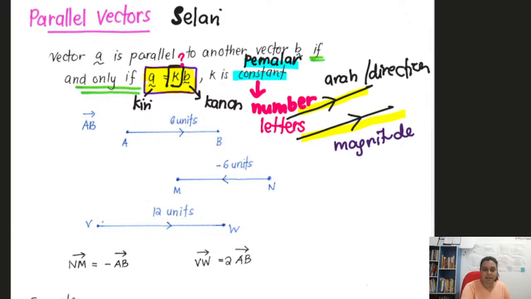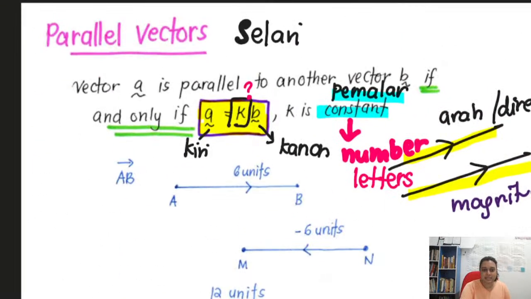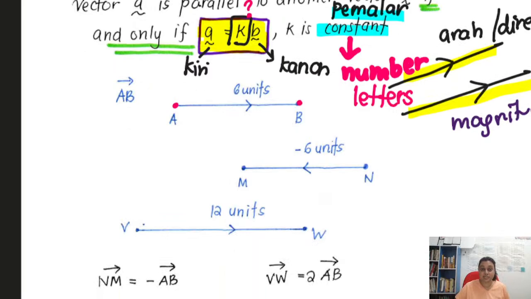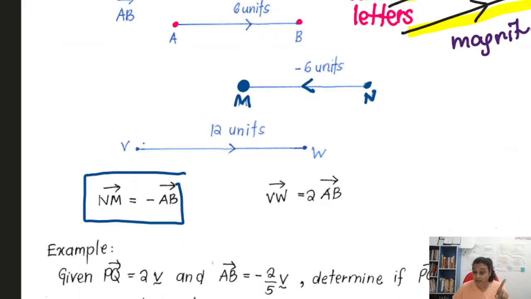Look at this, AB. From A to B, what is the magnitude here? 6 units, right? Now look at M to N. M to N is actually 6 also, but this is reversed. It starts from N but goes to M. So this is how to write the parallel vector.